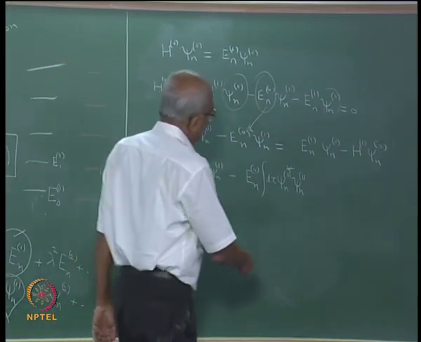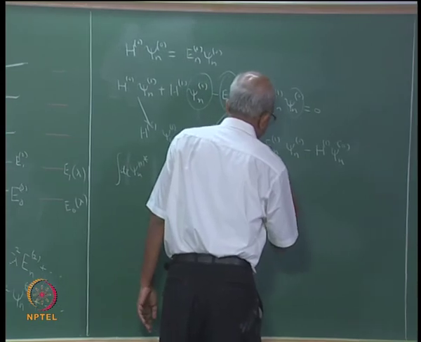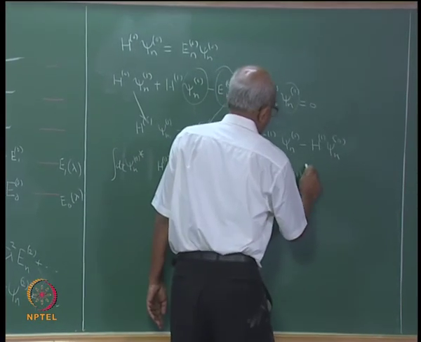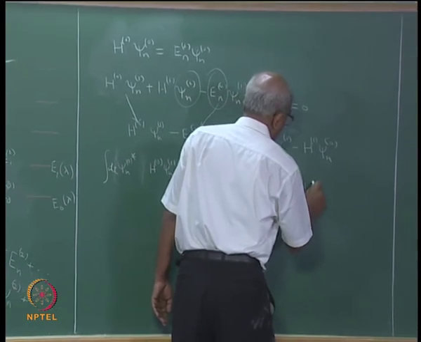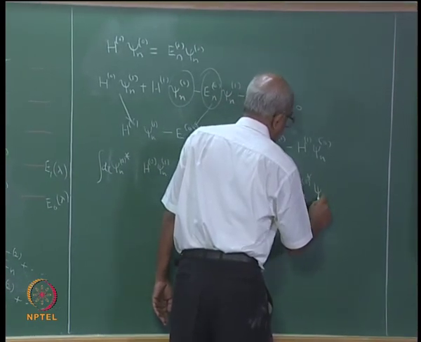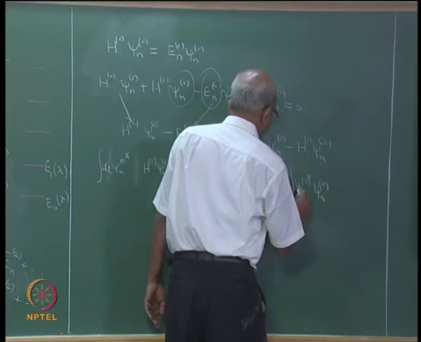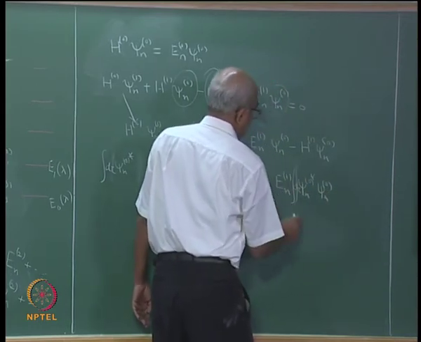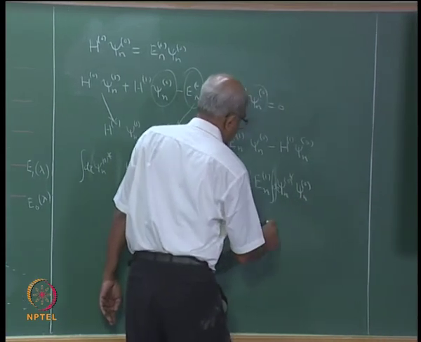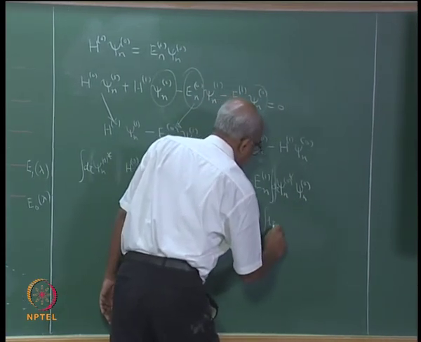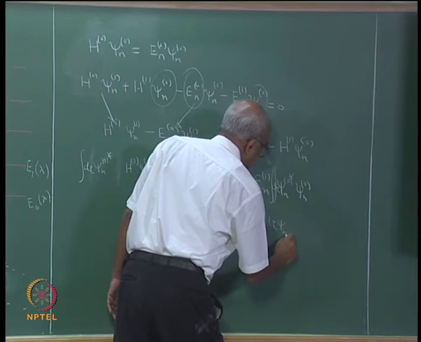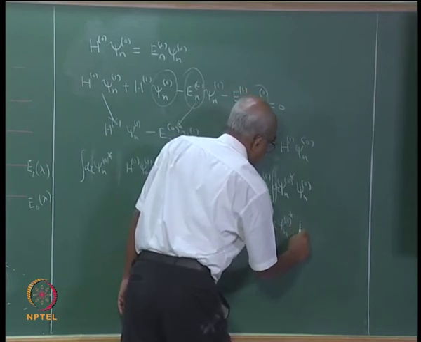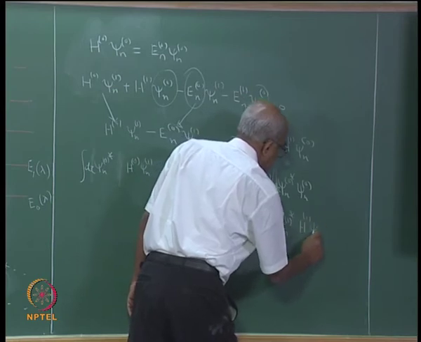What happens to the right hand side? I would have E n 1 integral psi n 0 star psi n 0 d tau minus integral d tau psi n 0 star H 1 psi n 0.